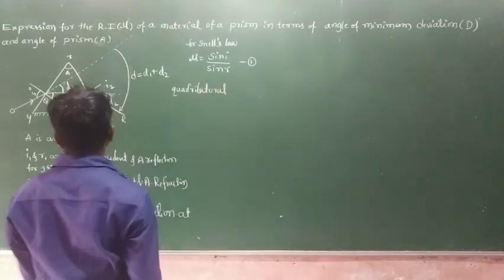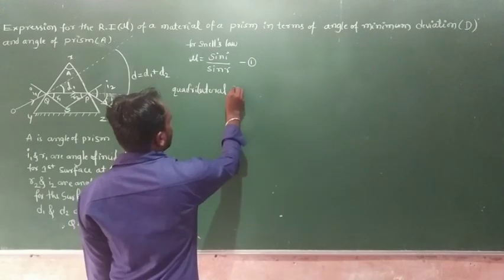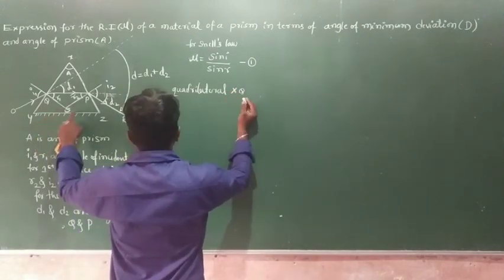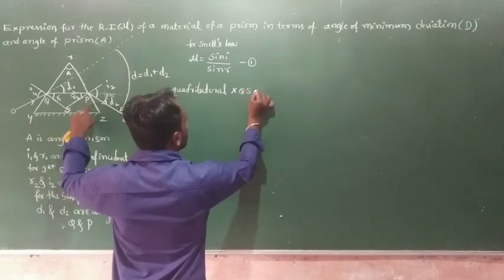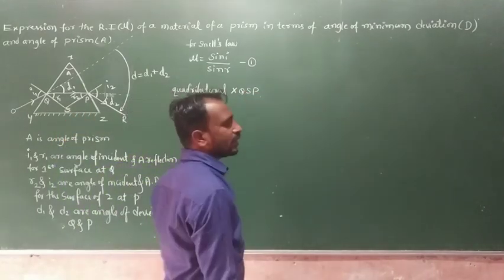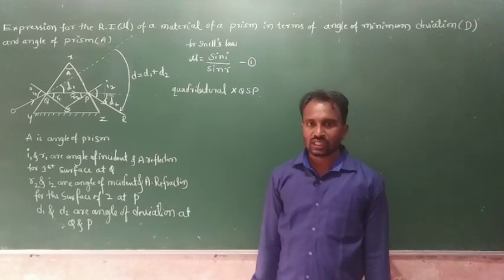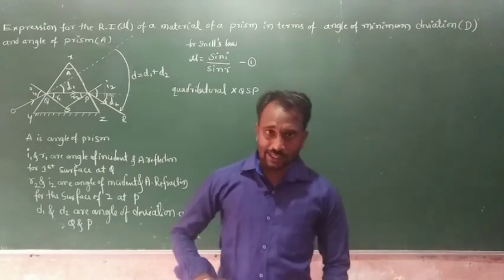In a quadrilateral, two angles sum to 180 degrees.